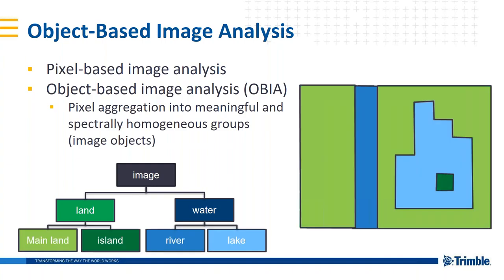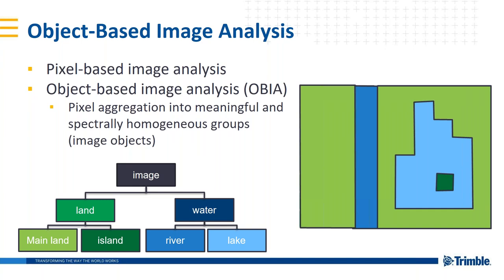So in this case, we can start splitting up between the mainland and, say, an island, or rivers and lakes. If we think about an island, it's simply a landform surrounded by a water object. Or here, river versus lake. Typically, rivers are going to be elongated in their form, whereas lakes are going to be more compact and maybe even larger in their size.